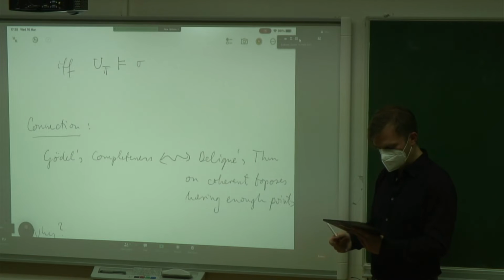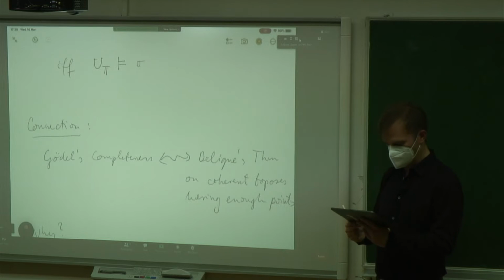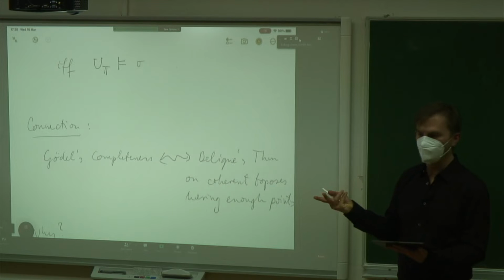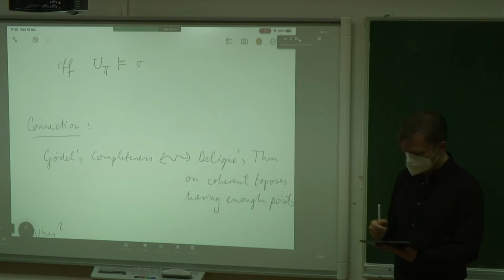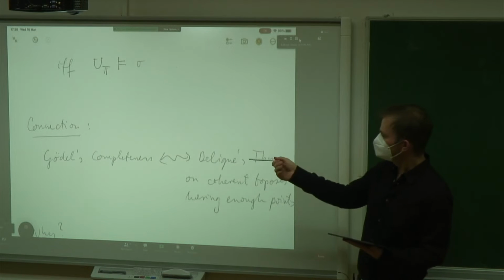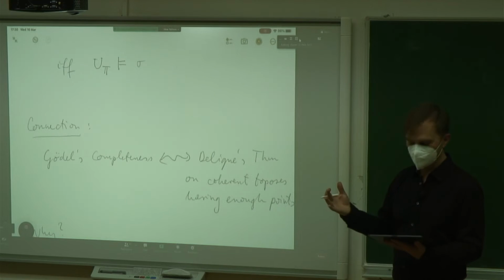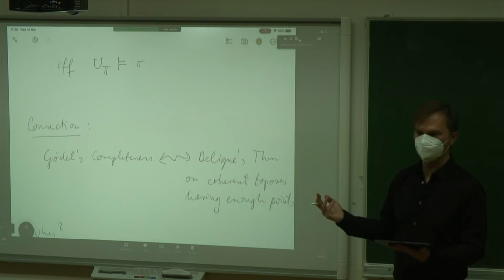Now, I'm kind of copying what I saw in Laforgue's talk in the Topos online conference, how somehow there's this remarkable connection between Gödel's completeness theorem and Lean's theorem about coherent toposes having enough points.